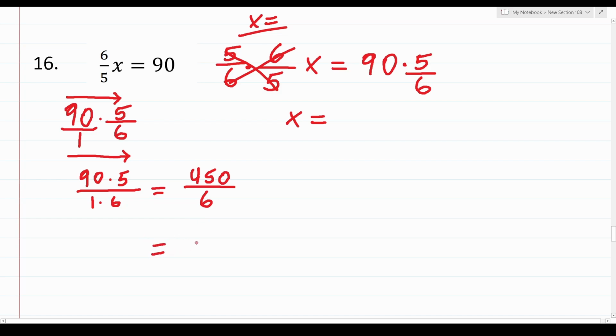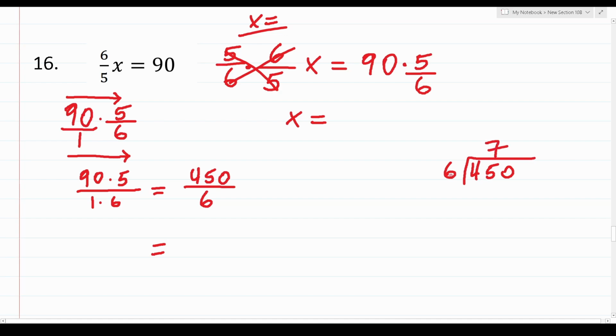Now, are we done? I don't believe we are, since I believe 450 is divisible by 6. So let's try this long division here. What is 450 divided by 6? Well, we start by asking ourselves, how many times does 6 go into 4? It doesn't. How many times does 6 go into 45 without going over?